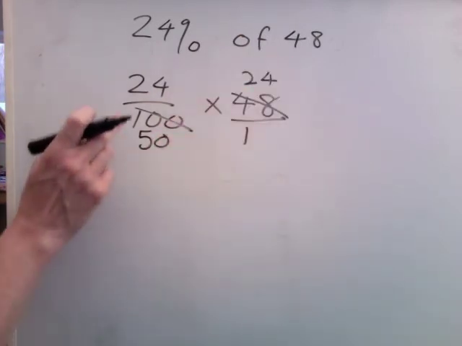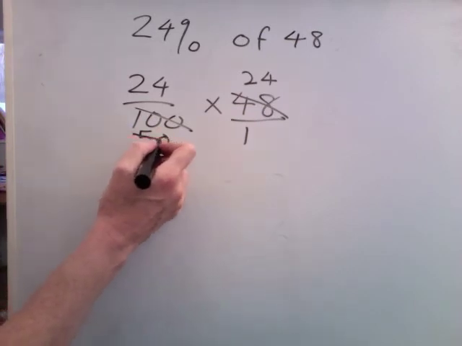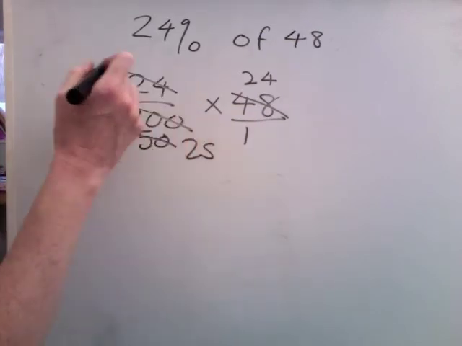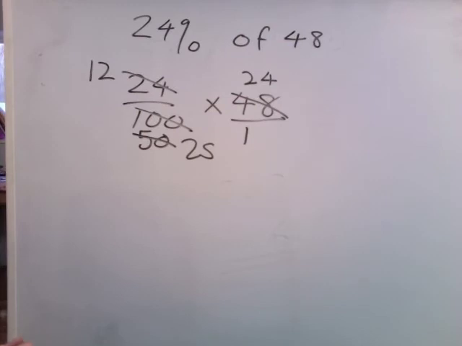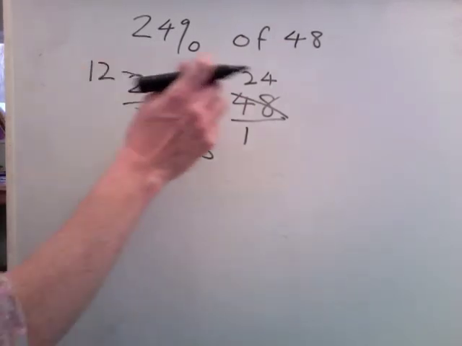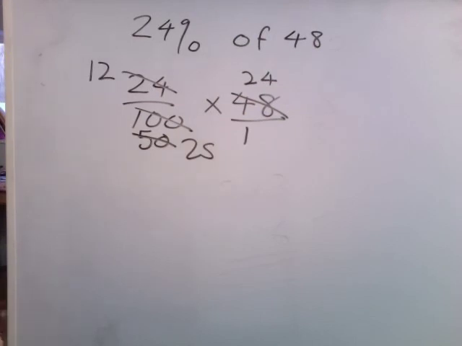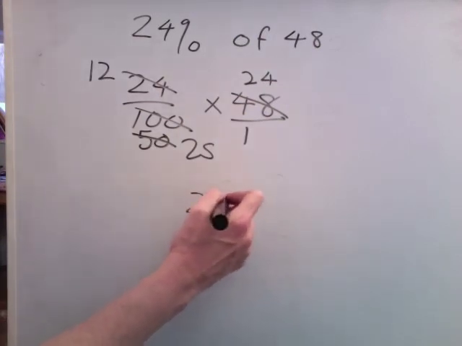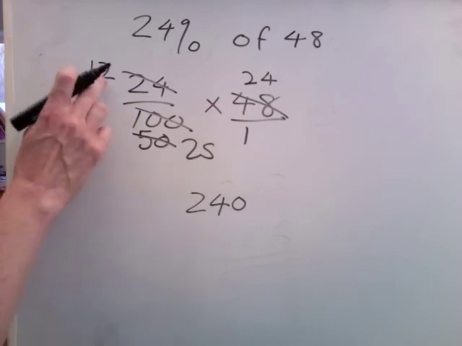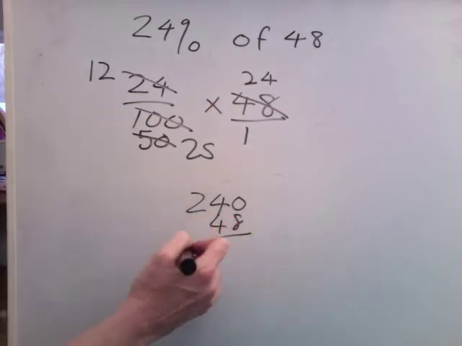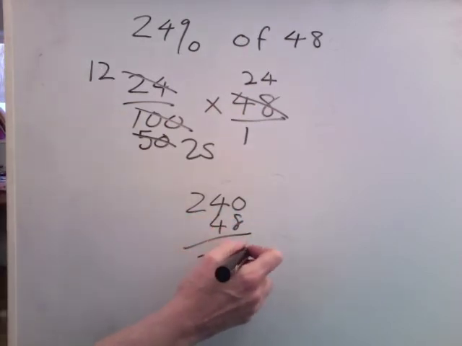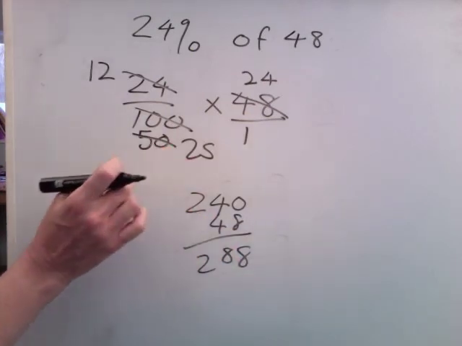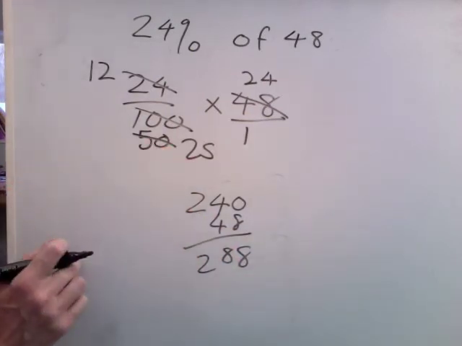And then I shall divide this and this by 2. We'll end up with 25 and 12. There's not going to be any easy way to do this, so I'm going to do the sum. 12 times 24. Well, 10 times 24 is 240. 2 times 24 is 48. So the answer is 288. And I've got to divide it by 25.